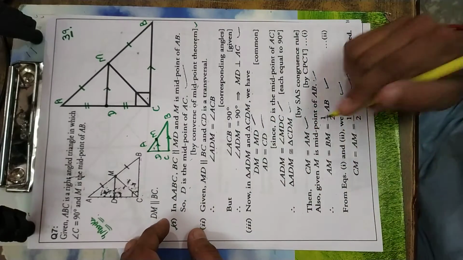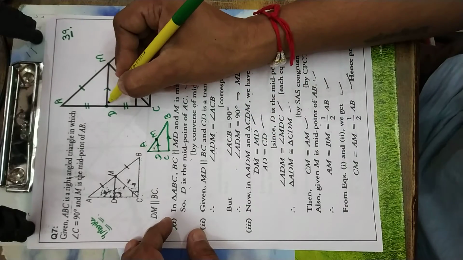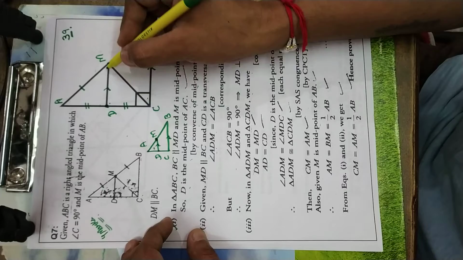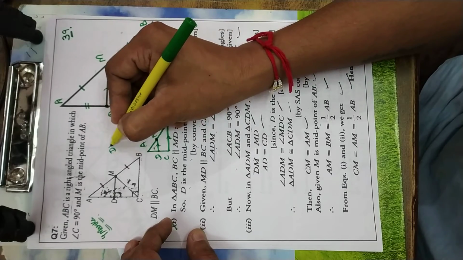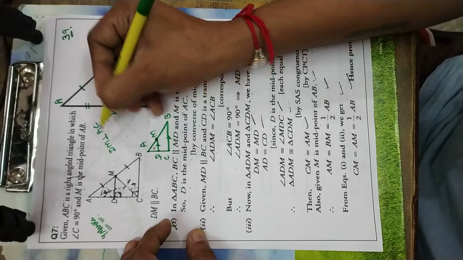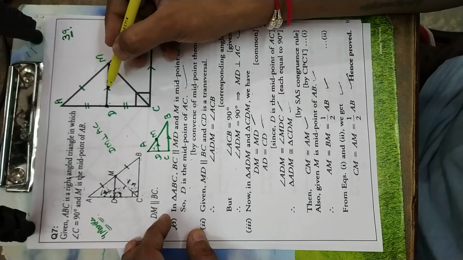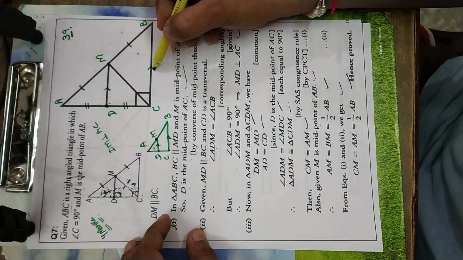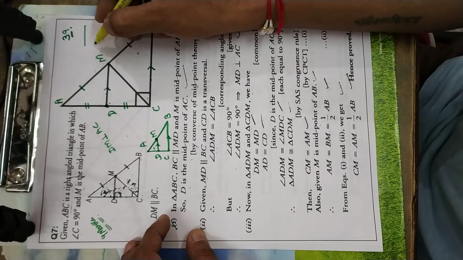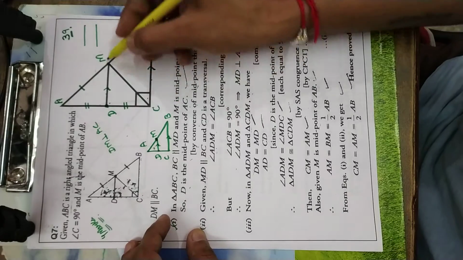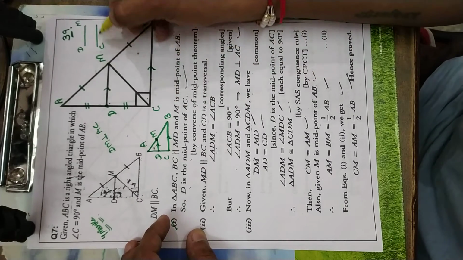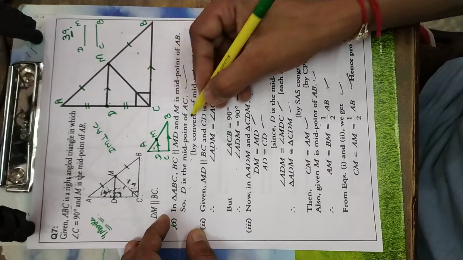Now in the second part we have to prove that the angle is also 90 degrees. That means, what you have to prove? DM perpendicular to AC. Now DM line is parallel to CB line, and DC is a transversal.